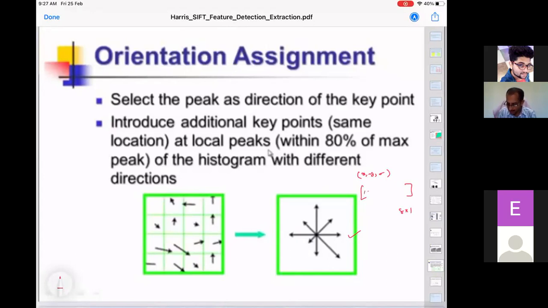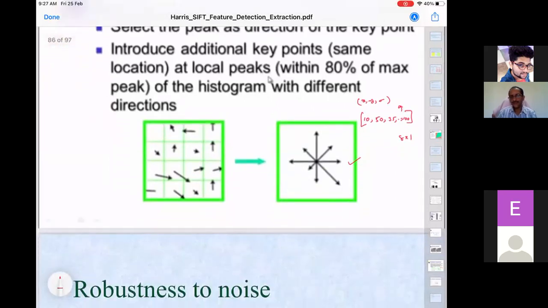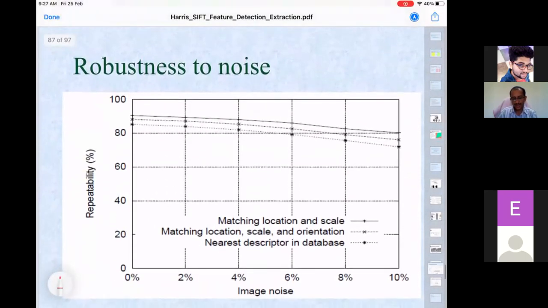If the values are say 10, 50, 35 and so on, 100 or whatever, then there will be one dominant direction in which the key point is oriented. That is considered the reference direction. They then perform a few other operations on this. They normalize this to get a better assessment in matching.